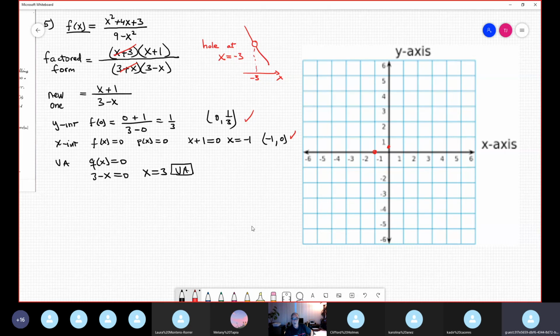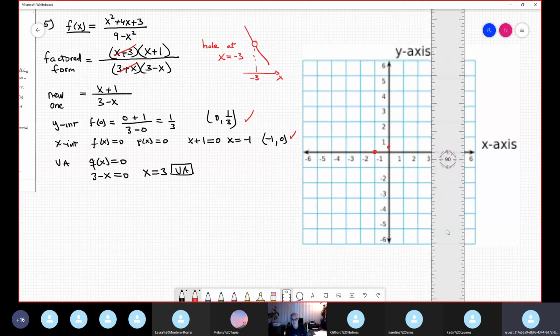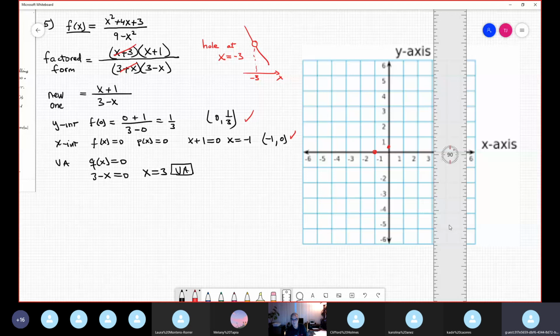And we have a hole at -3. The way I do it, without the hole, and at the last moment, you put a hole. Okay, entonces one vertical asymptote at 3. Boom. Here, over there. Black color dotted line.